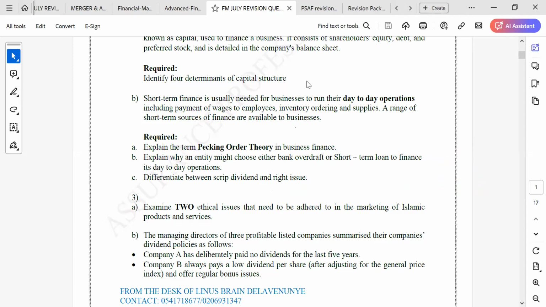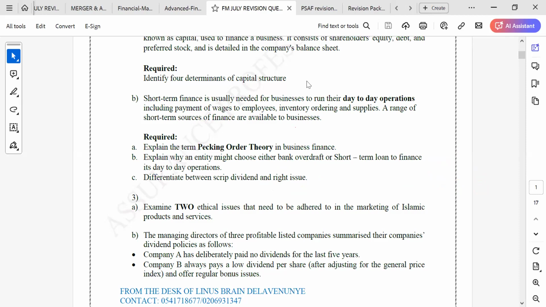You give them the option to exercise the right. If they do not, then you send it to outsiders to buy. So the right issue is always at a discounted price, which we call the offer price. That is what we call the right issue.